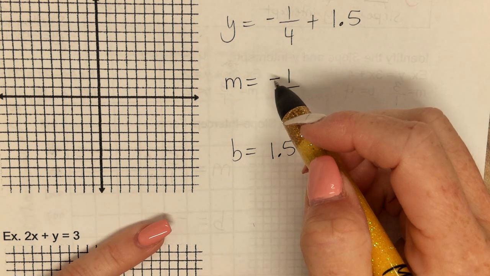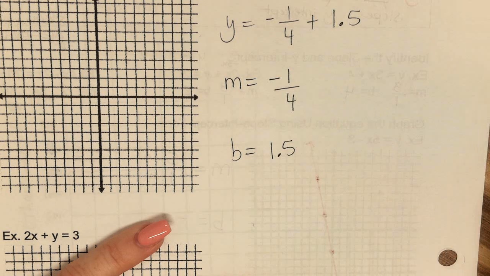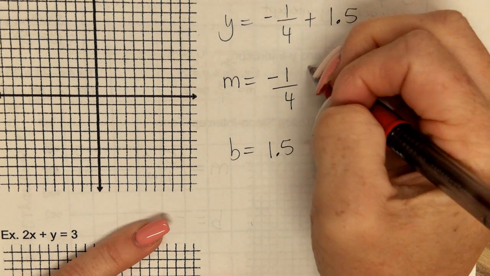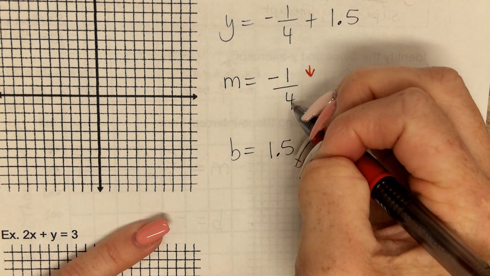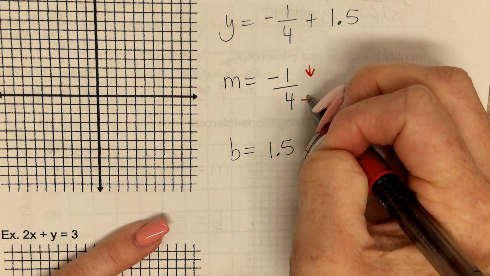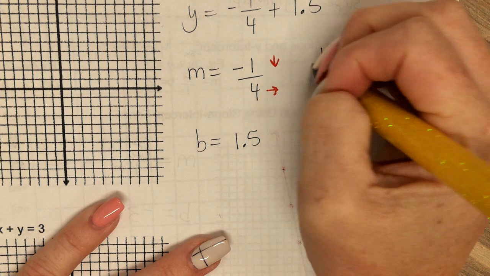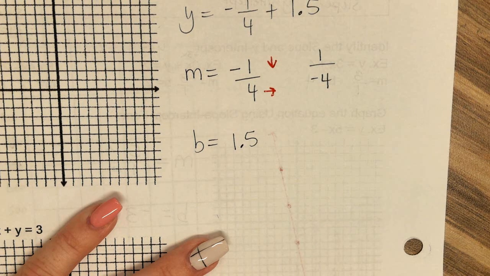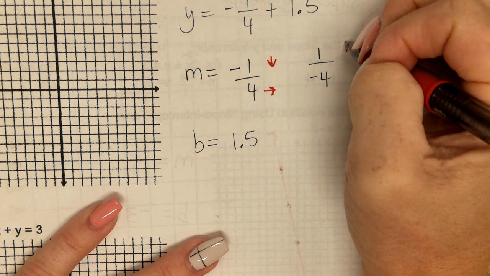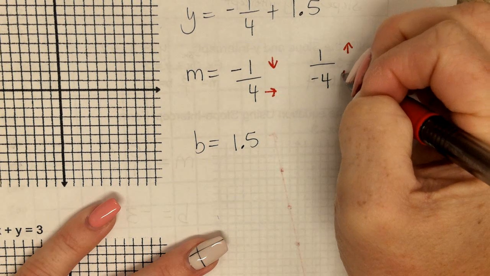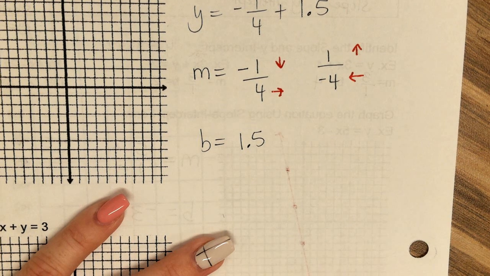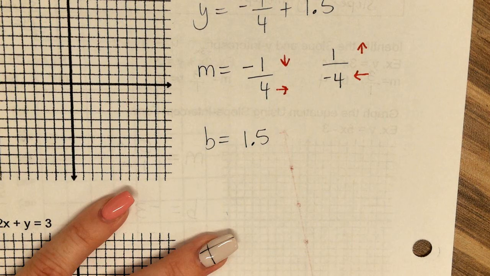That means instead of rising up, I'm going to go down, and the run is positive, so I would go right. Now, if I did it the other way and did 1 positive and 4 negative, then instead of going down, I'm going to go up and left. Would that all end up on the same line? Yes. So that's why they work.